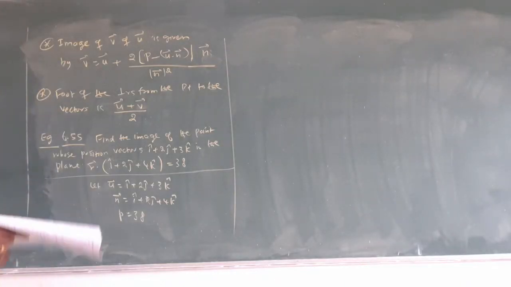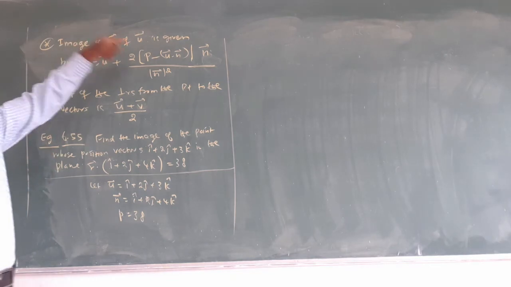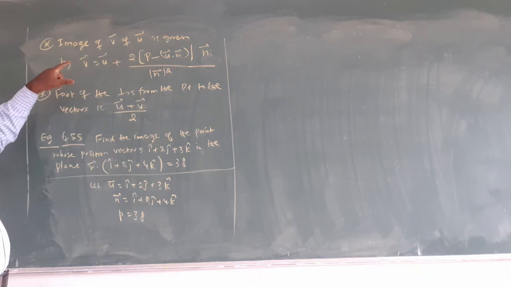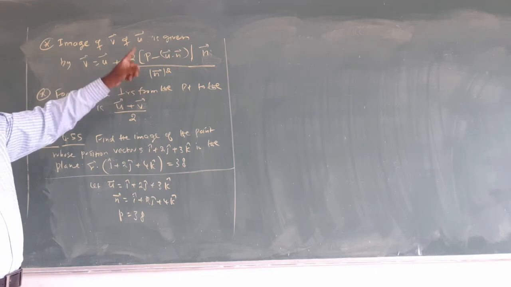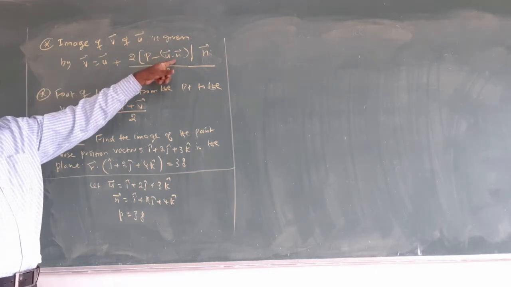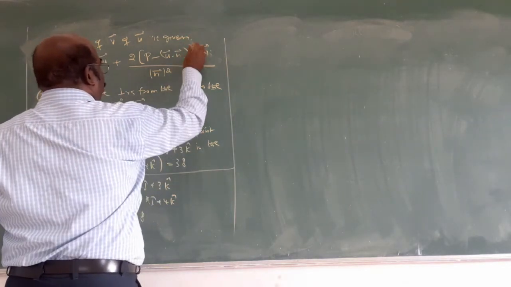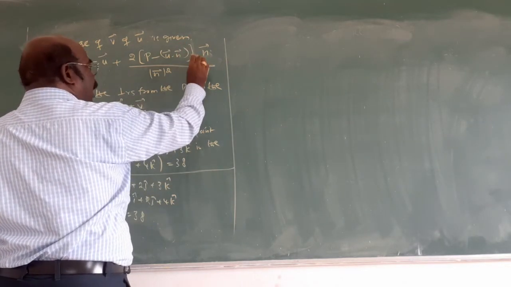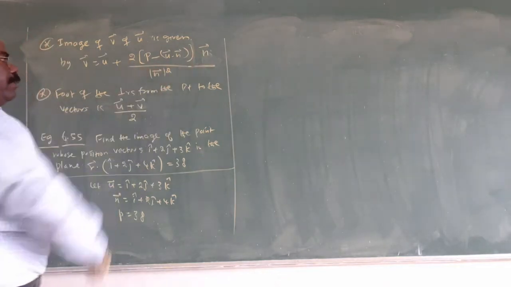Another important two formula. The image of a point, vector v, of vector u is given by v vector equal to u vector plus 2 times p minus u dot n, actually bracket, not modulus, we put the bracket, into n vector divided by modulus of n square.